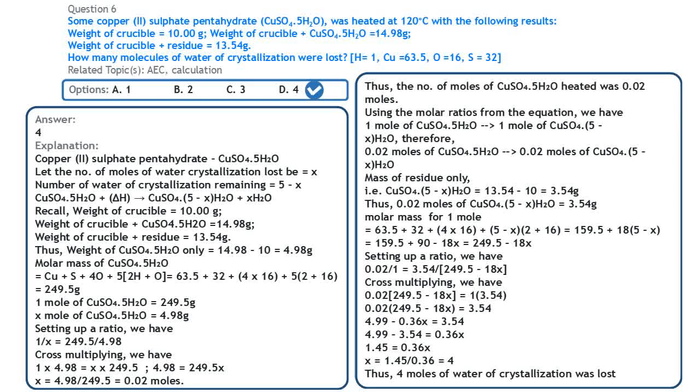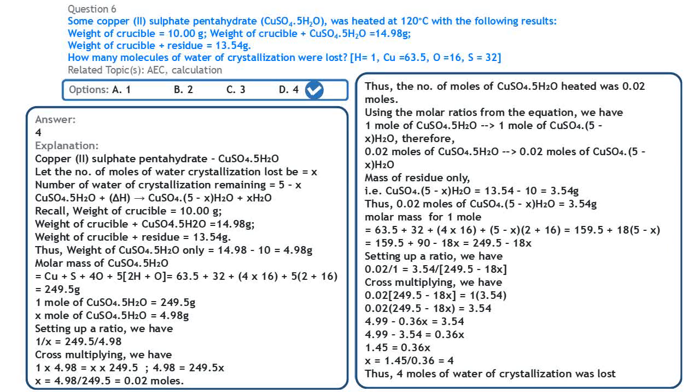Now, next thing we're going to do is calculate the molar mass of this substance here. That will be the sum of the atomic masses of the elements that we have here. So we have the atomic mass of copper 63.5 plus sulfur 32 plus 4 times 16, that's of oxygen, plus 5 minus X times whatever we have here, for this water.